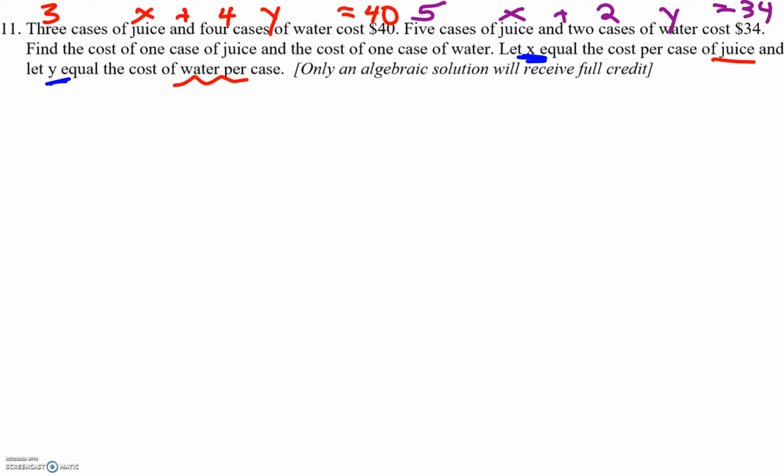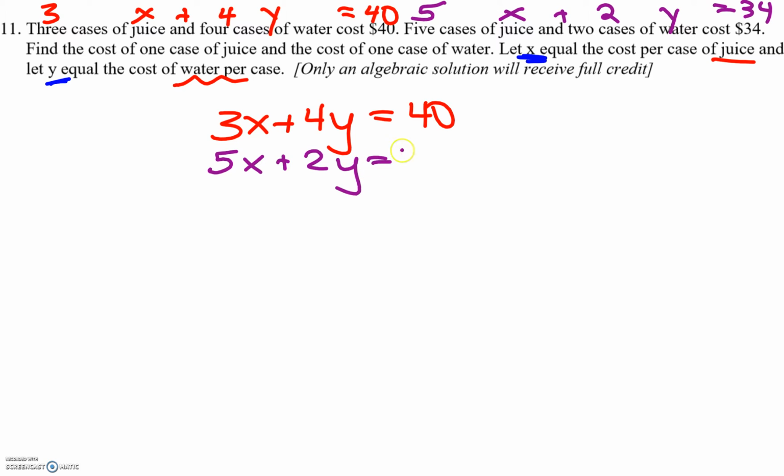So once you have those two equations, we're just going to stack them on top of each other, like so. Once they are stacked on top of each other, you're going to see that they are in standard form. And in order to get rid of either an X or a Y, you have to use a multiplier. The easiest way to do that is just to look at the first term. So I have a 3x and a 5x.